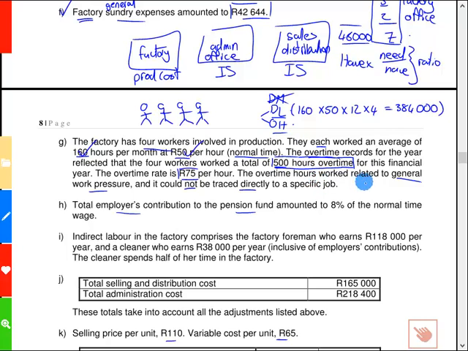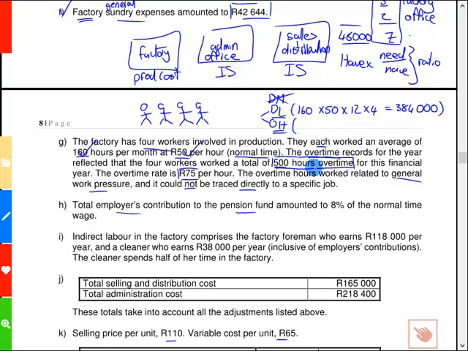The information tells us that overtime hours worked related to general work pressure. When you see that word general, you know it's going to be part of overheads. They even give us more information: it could not be traced directly to a specific job. So then you know all the overtime hours are going to form part of overheads.